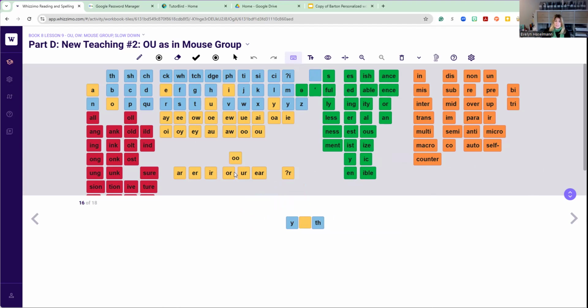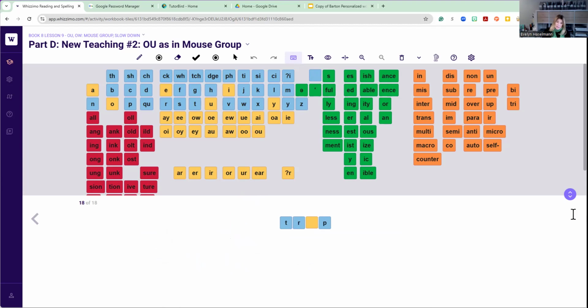Now we have a couple different ways to spell the oo sound. And so your student will need to look it up. Couldn't be the U here because that would say yuth. But it does have two different spellings for the oo sound, so they can use their best guess and look it up. This word can be wound, oo, or wound, ow.